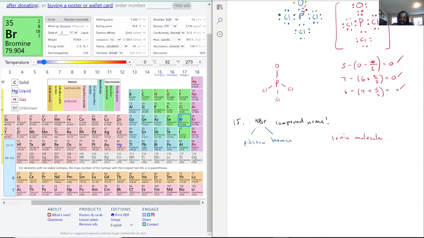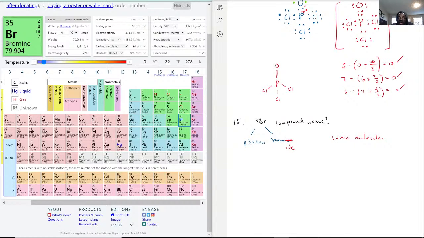Because it's an ionic compound, you drop the INE from bromine and you have IDE. That is the only change you make, specifically referring to the non-metal part. You just drop it, as long as it's just an element. We're not talking about sulfates and stuff.